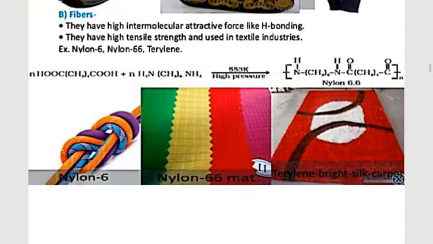Now fiber is the second one. They have high intermolecular attractive forces like hydrogen bond. So among the four categories, elastomer, fiber, thermosetting and thermoplastic, the weakest force is in elastomer and the strongest force is in fibers. They have high tensile strength and are used in the textile industry. So in fabrics you have the textile industry, you have fibers: nylon 6, nylon 6,6, terylene.